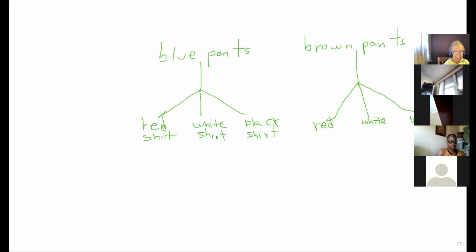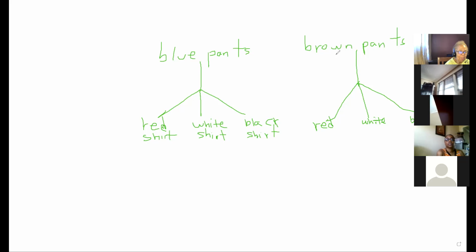So how many combinations are there? 1, 2, 3, 4, 5, right? Oh, you count the pants differently. Blue and red, blue and white, blue and black.